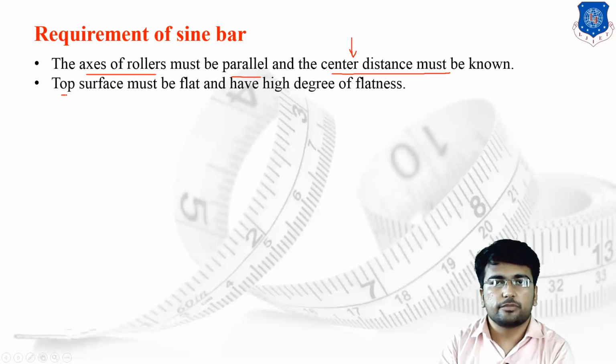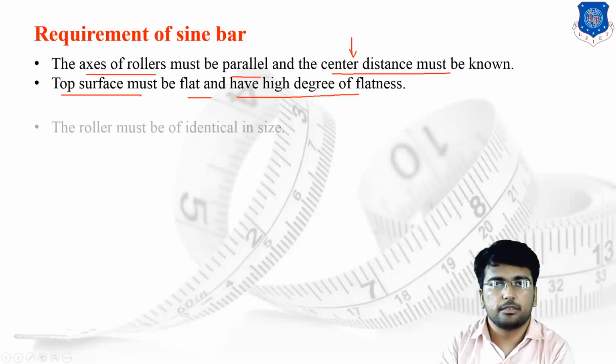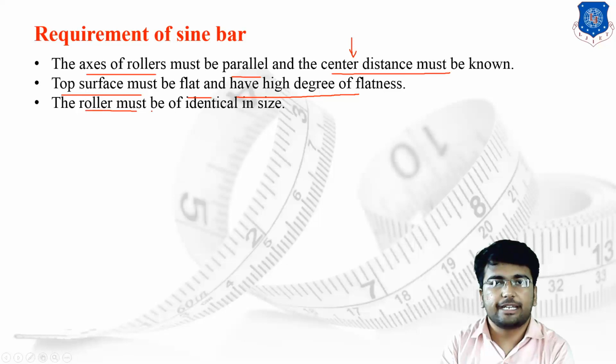The top surface of the sine bar must be flat, having a high degree of flatness, to perform the proper parallelism principle. The rollers must be identical in size. We are not going to accept any sine bar having rollers different in size or shape.